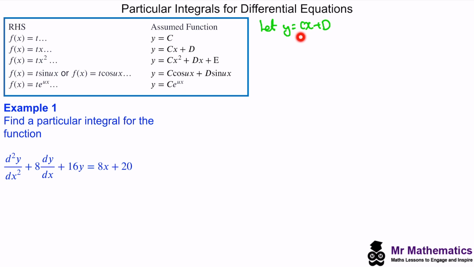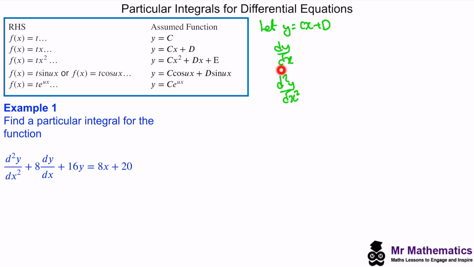And we need to find the values of c and d, and we have this equation for y, and then we find dy by dx, and then the second derivative, and substitute these three values into our differential equation, then we would make the left-hand side equal to the right-hand side.